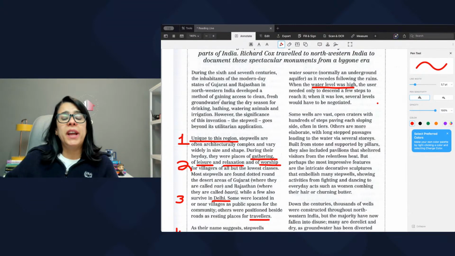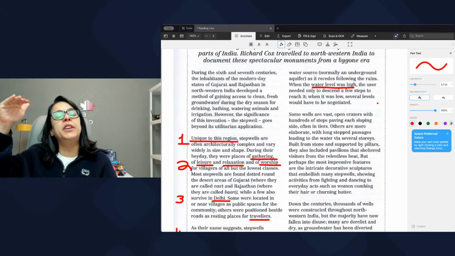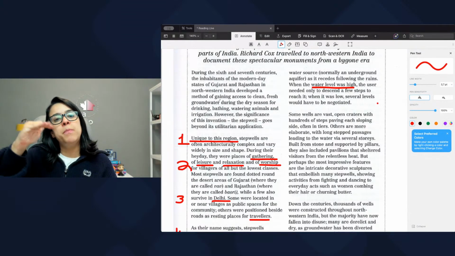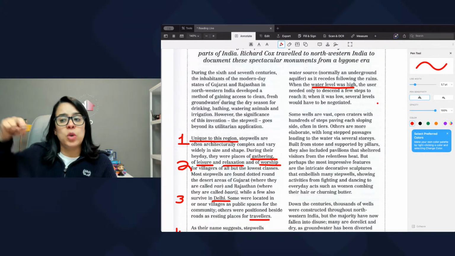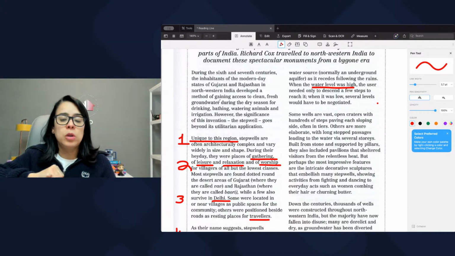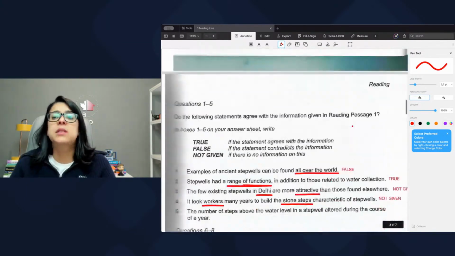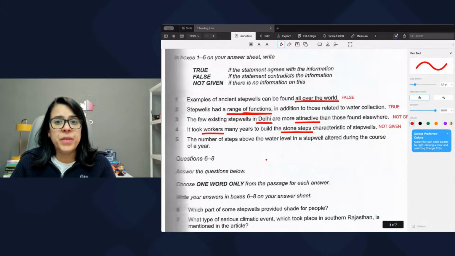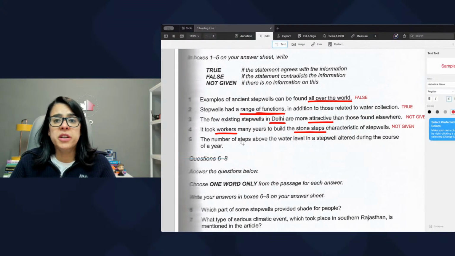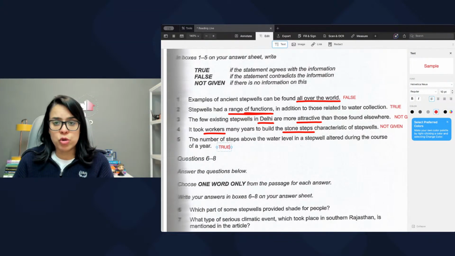So when it rained a lot, the level of water was higher, and when it was dry, the level of water was lower, so you had to go down more steps. So this is true. It is true that the number of steps above the water level changed. So here we are going to answer true.